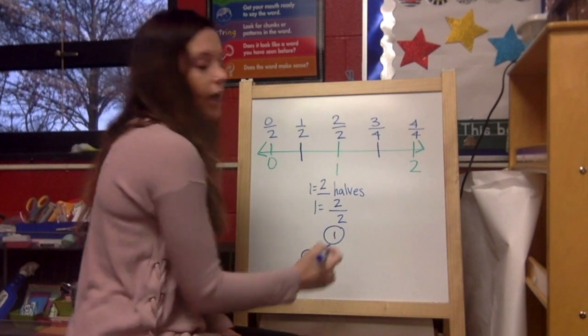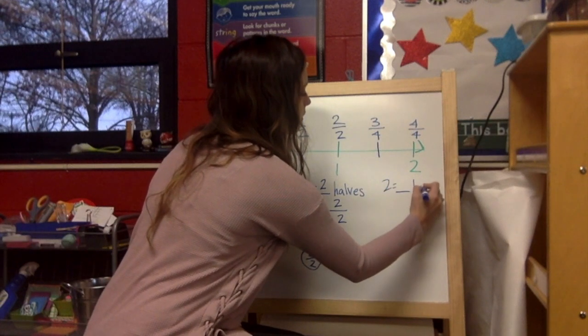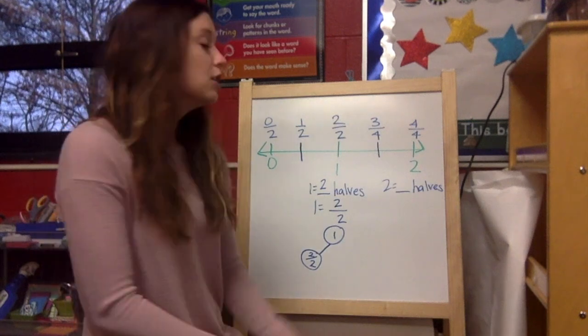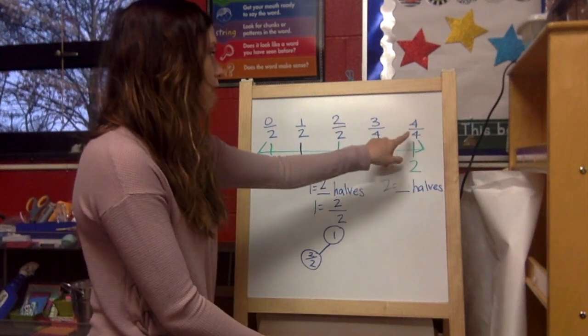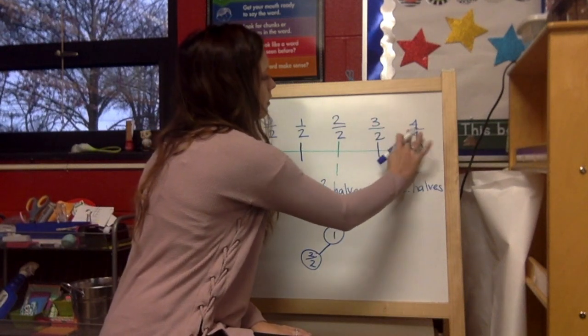Okay, the next one says 2 equals blank halves. Well, if you labeled your number line, or if you look at mine, you can see that in 2 there are how many halves? Oop, I messed up. This should be halves, not fourths.